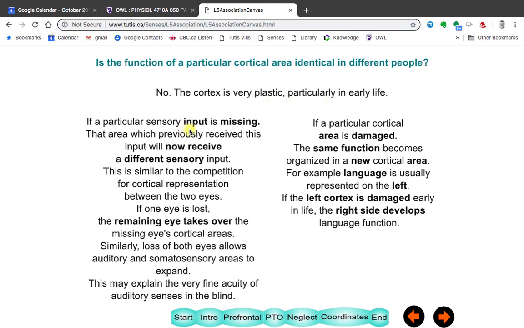Well, if a particular input is missing, let's say you had a cataract, and as a result of the cataract in one eye, you lost your binocular cells, well, your cortex will be somewhat different from somebody else's.